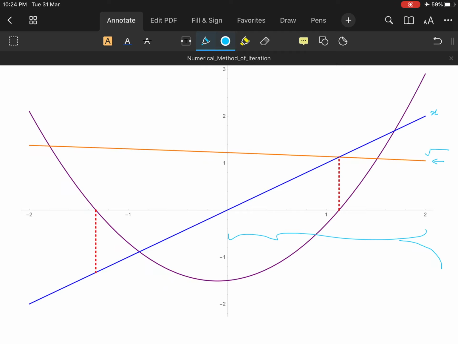So let's pick, for example, let's say we pick 1 here.